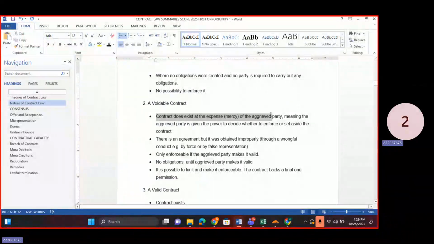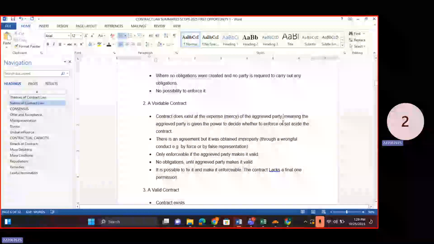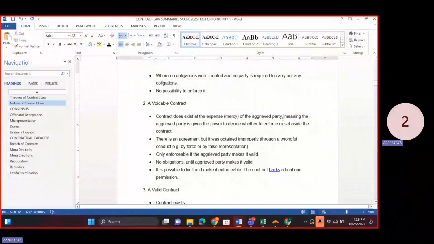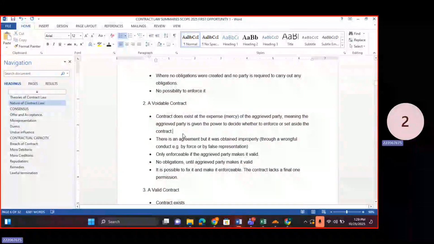So a contract does not exist at the expense of the aggrieved party, and usually, like when we do duress, you'll be able to see what I mean by aggrieved party. The aggrieved party is also another person who can give the final level of permission. Like if you were forced to get into a contract, that contract is not void. That contract is voidable.